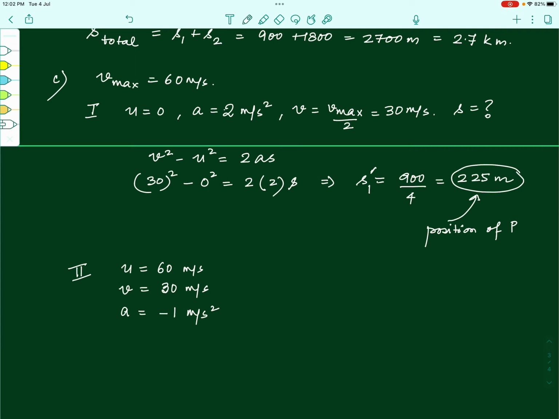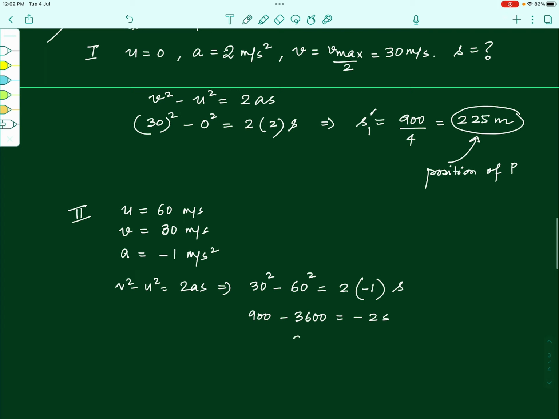So once again, using third equation of motion, v squared minus u squared is equal to 2as. When we solve this, we will have 900 minus 3600 is equal to minus 2s, which is minus 2700 is equal to minus 2s, minus sign will cancel out and we will get s is equal to 2700 by 2, that will be 1350 meters, right?